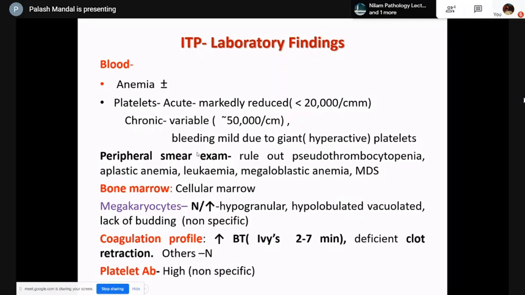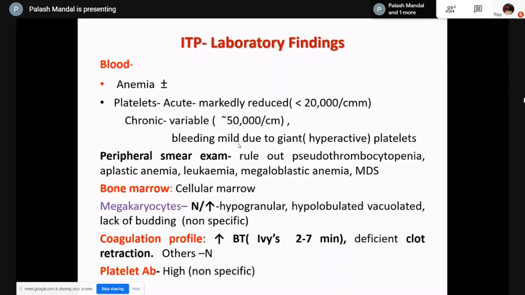And bleeding may be mild because there may be some giant or hyperreactive platelets. Though the count may be low, the newly formed platelets may be larger in size, and they may be hyperactive. They may actually compensate for the number by their action.